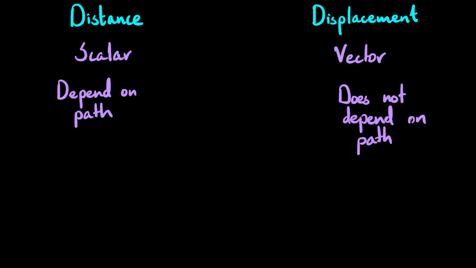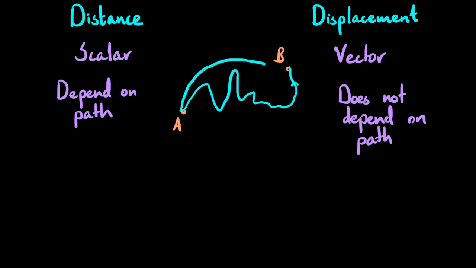What I mean by this is, for example, if we have 2 points, let's say this is A, this is B, we want to go from A to B. One possible path I'm going to outline here is that maybe you can go like this, you go from A to B. Another path would be maybe something like this.